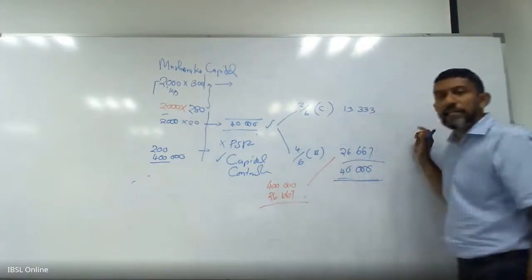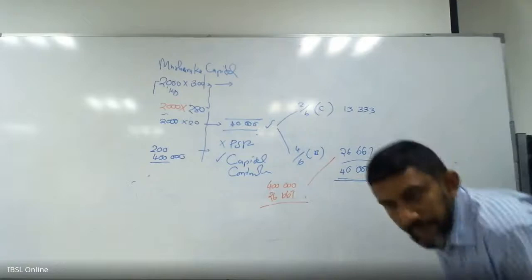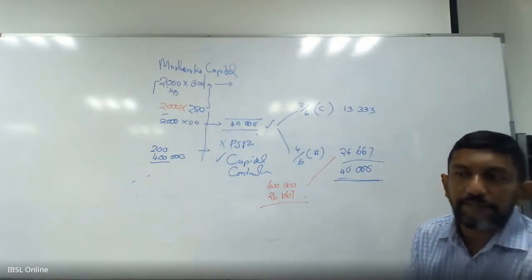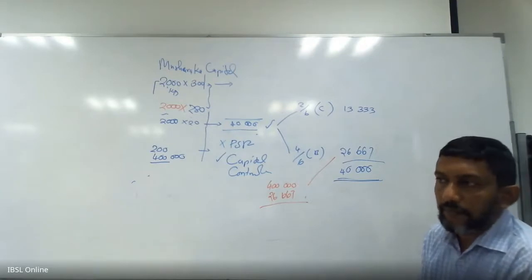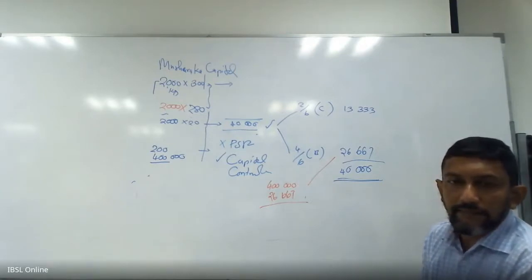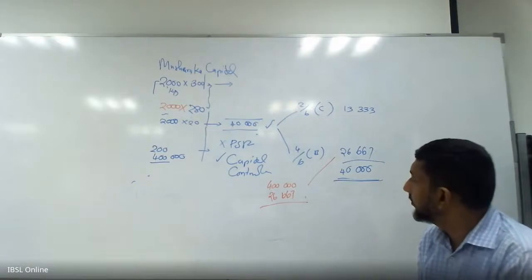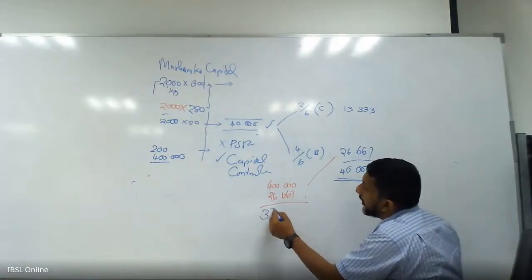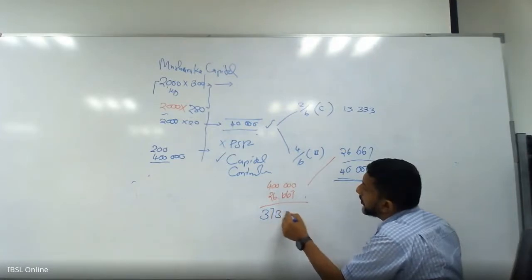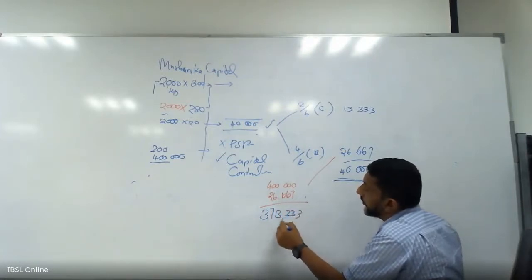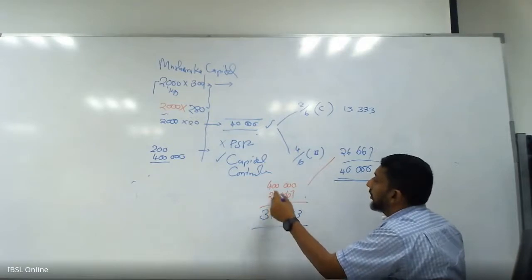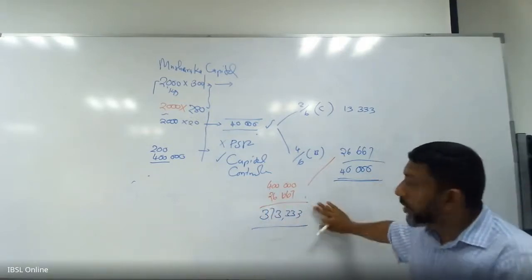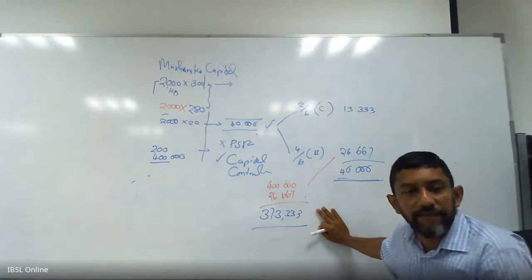How much should the customer pay us back? Any answers? The customer pays us back 373,333. Yeah, that's the total amount he has to settle with us.